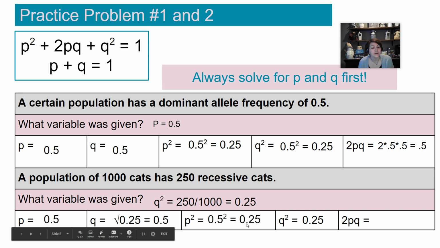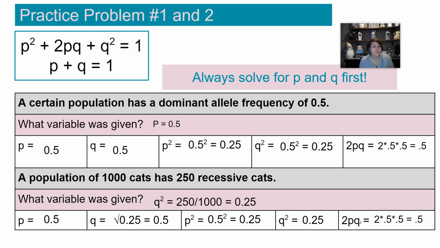So 0.5 squared gives me 0.25 for P squared. And now I have both P and Q. I can do 2PQ, the heterozygous genotype frequency. And I get 2 times 0.5 times 0.5 equals 0.5. And yes, those numbers are exactly the same. So you see, we went about the same problem essentially, but given a different variable to start with.